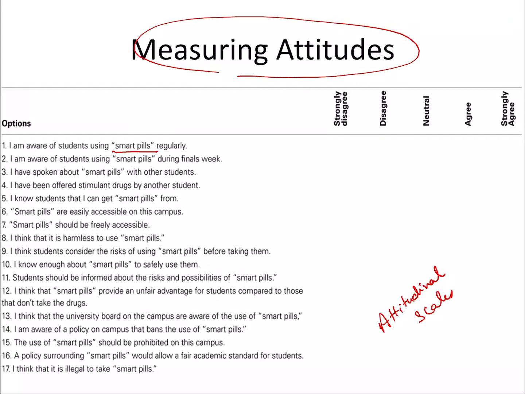So the idea is these attitudinal scales tend to have something called a Likert scale. Your Likert scale is the instrument of measure, and usually it has 5 or 7 points. In this case, it has 5. So it has a strongly disagree, a neutral, an agree, and a strongly agree.